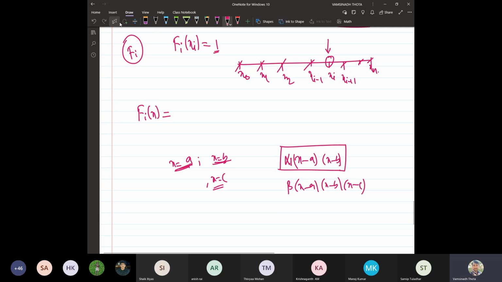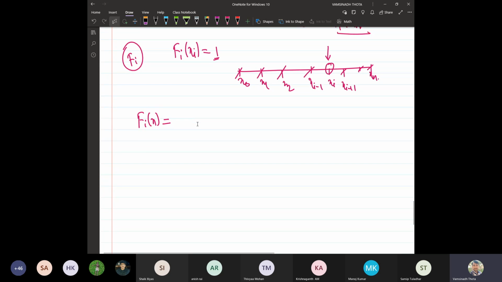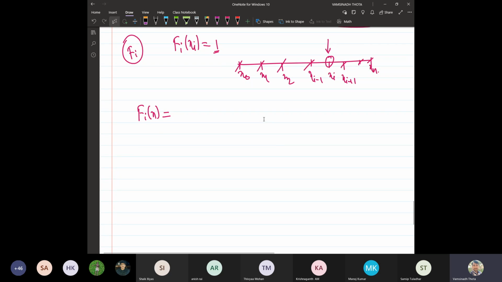So that is what you should understand. Each coefficient polynomial f_i of x is a polynomial of degree n, and we know what the roots are also. That is how the construction is happening.